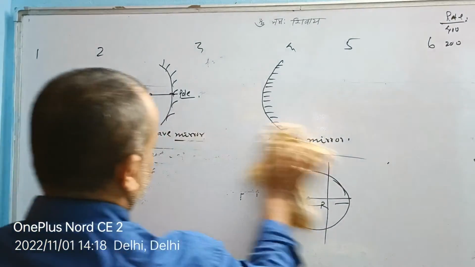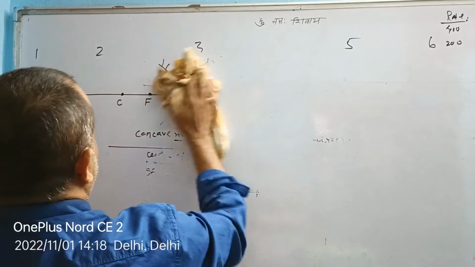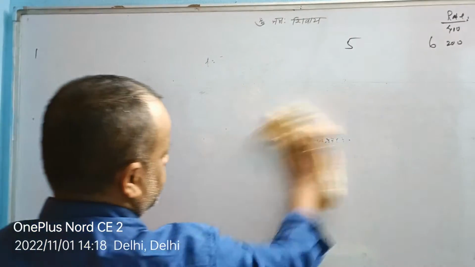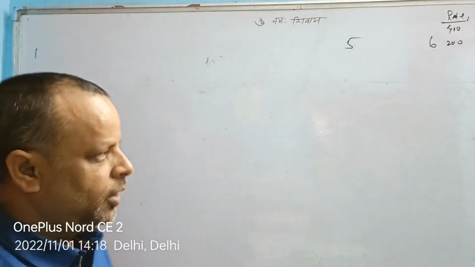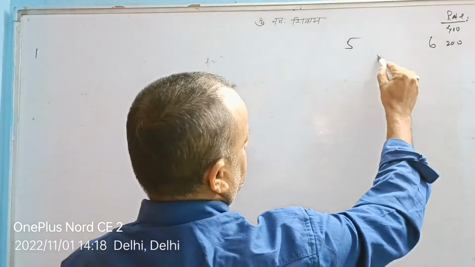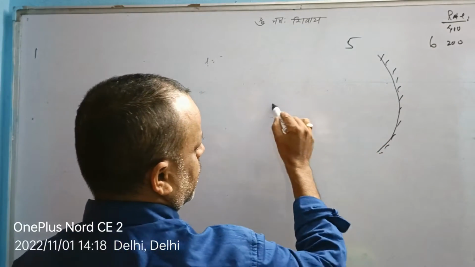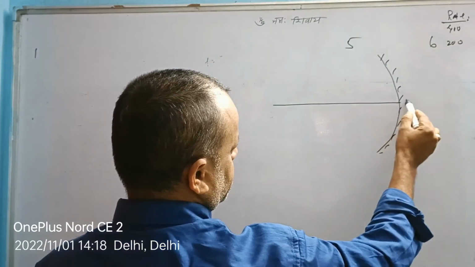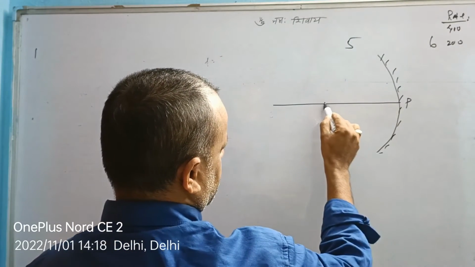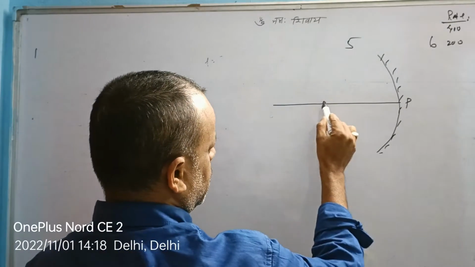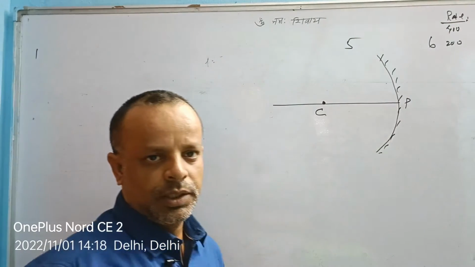Next, we'll move on to how the ray diagrams are drawn. When we take a concave mirror, the pole and the center of curvature are drawn. This is called the principal axis.